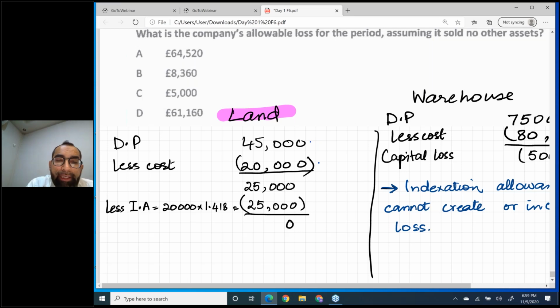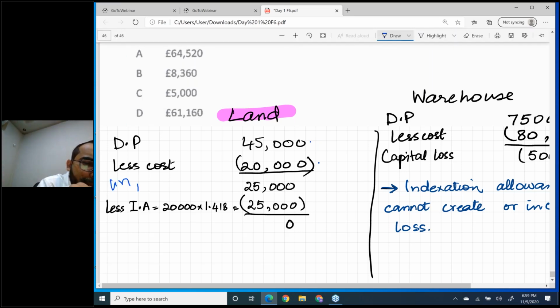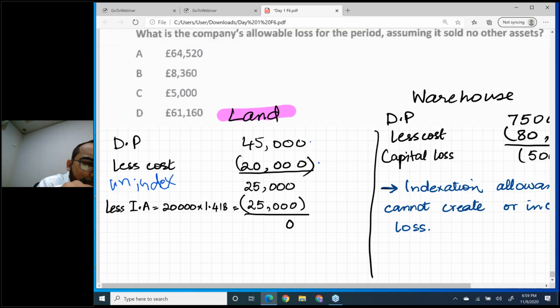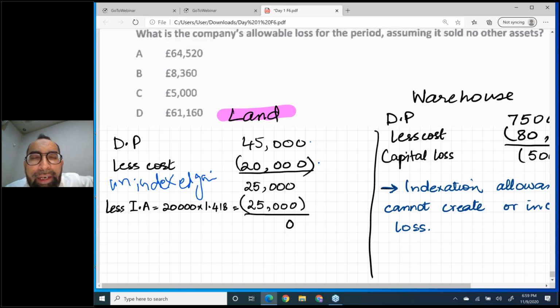The first step is the unindexed gain. Unindexed gain is 25,000. From this unindexed gain, you deduct indexation allowance. I hope I just taught you the formula of indexation allowance: cost multiplied by index factor.